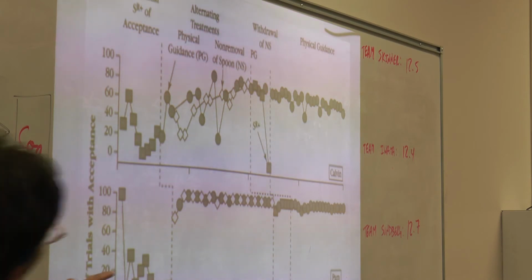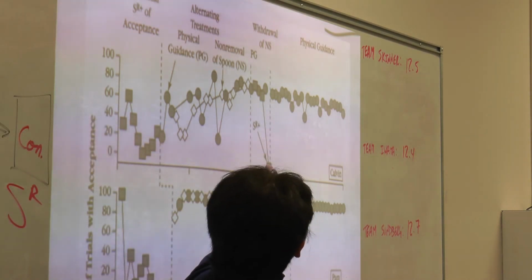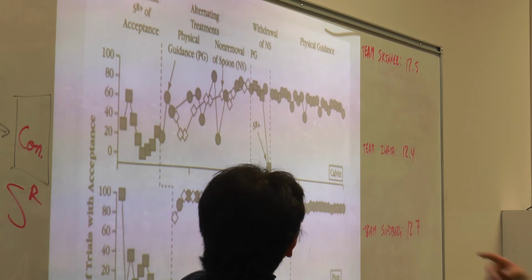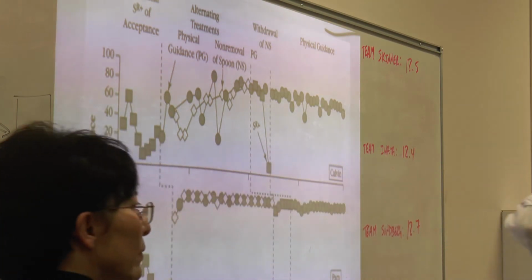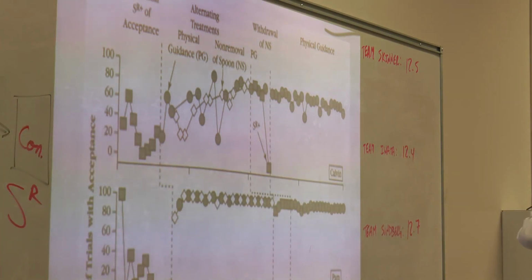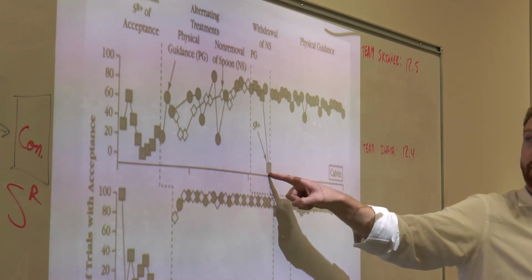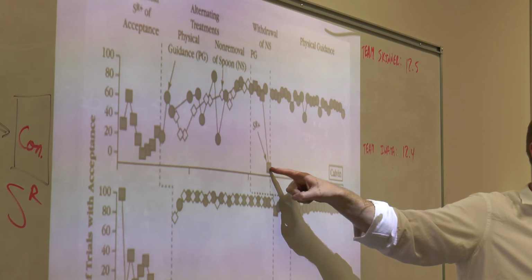Why do they have this one thing here? Because it's just an example to show that, being good data collectors here, somebody messed up and presented reinforcement in this one situation.